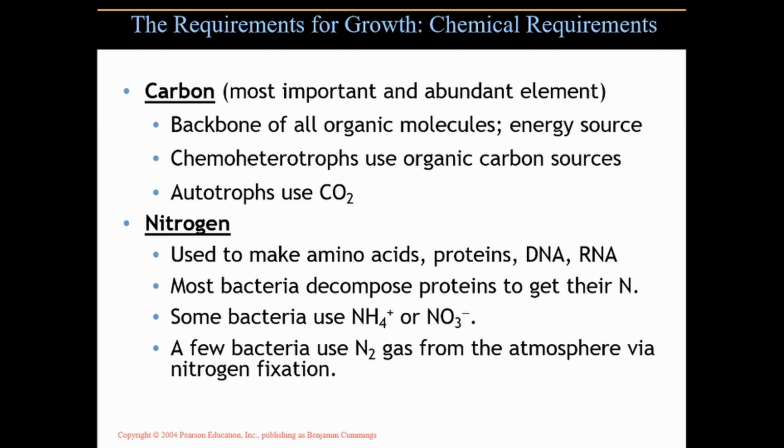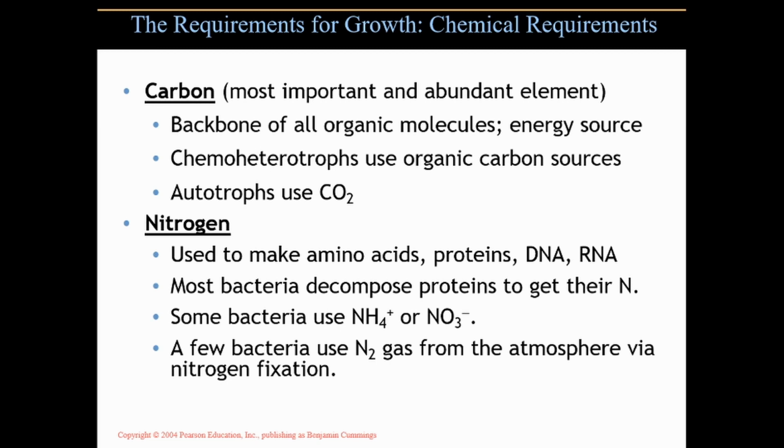For example, photoautotrophs like algae take in carbon dioxide, split it, and use the carbon to build up carbohydrates, mainly glucose, and then use the glucose to build other compounds from there. Nitrogen is used to make amino acids, which are the building blocks of proteins, and also DNA and RNA.